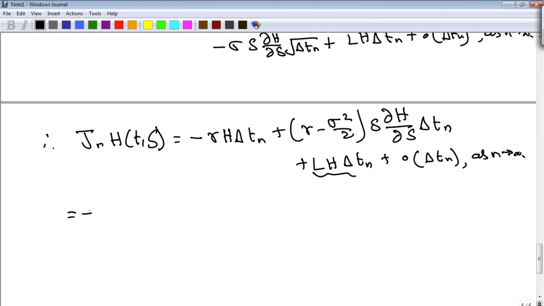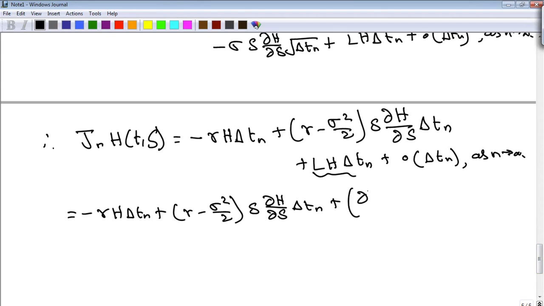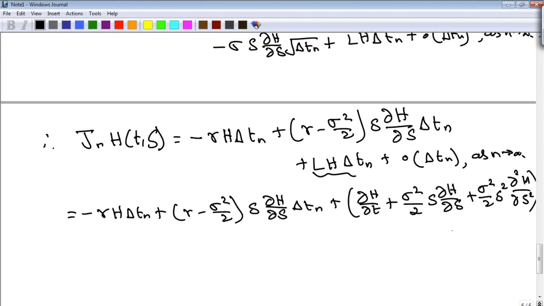We get minus RH delta Tn plus (R minus sigma square by 2) S ∂H/∂S delta Tn plus that expression we are putting, ∂H/∂T plus sigma square by 2 S ∂H/∂S plus sigma square by 2 S square ∂²H/∂S², into delta Tn plus small o of delta Tn as n tends to infinity.